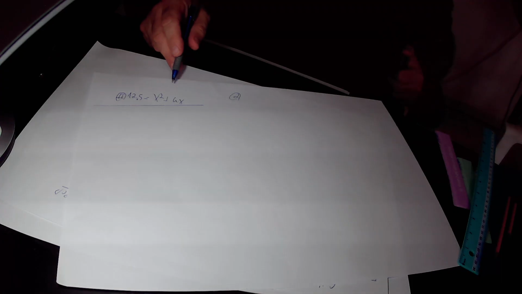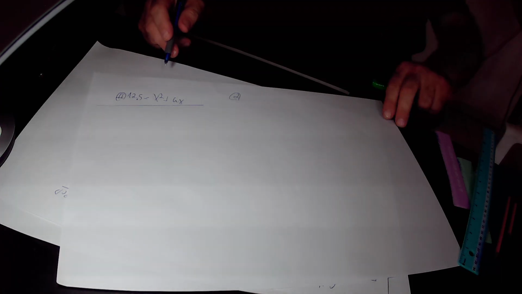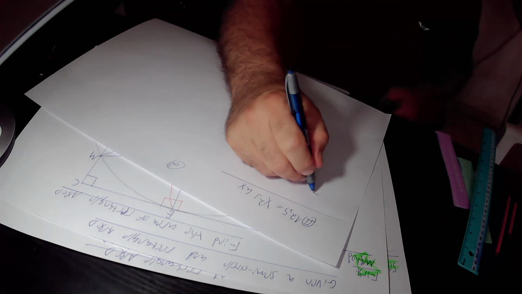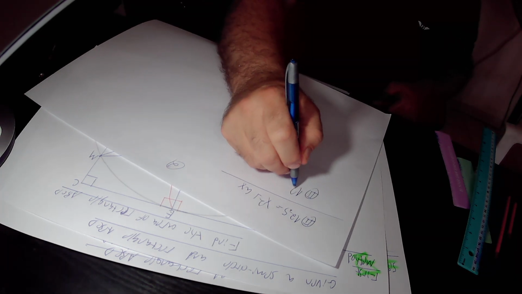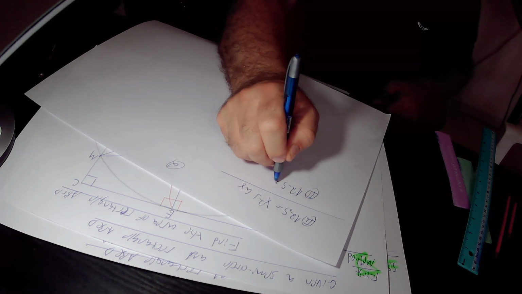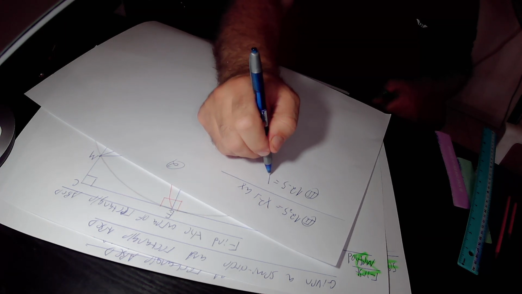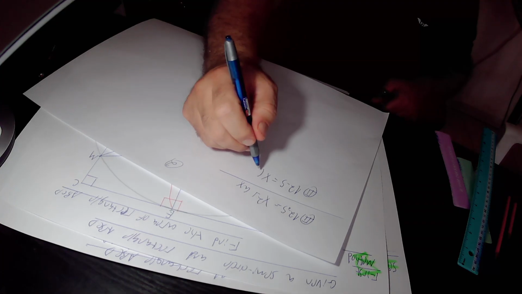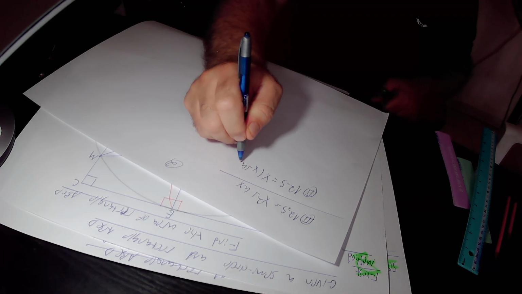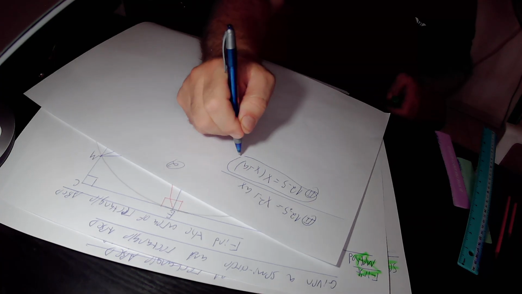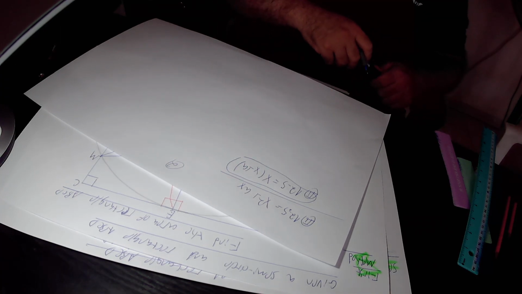Here we take X as a common factor for this expression, and we get that, according to equation 2, 12.5 equals X times, inside the brackets, X plus A. So in total, according to equation 2, we found out that X times (X plus A) equals 12.5.